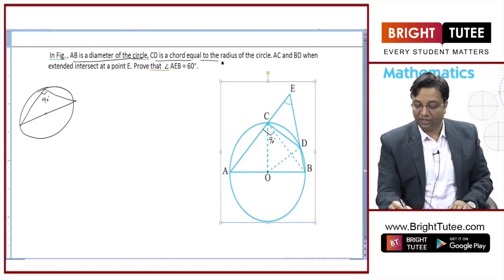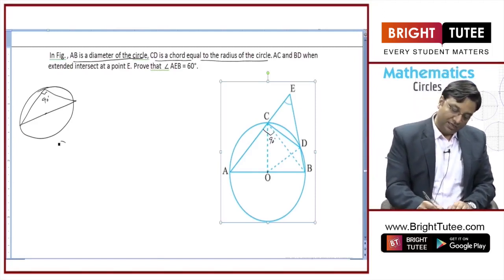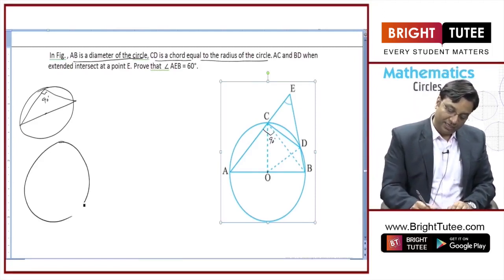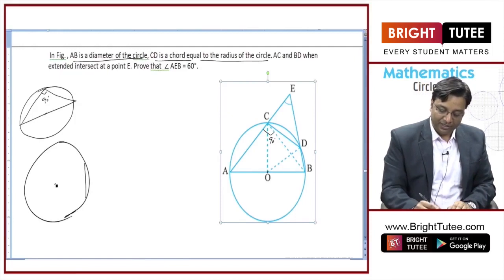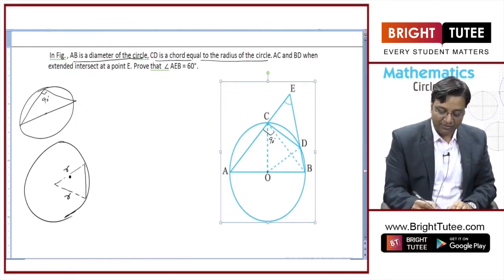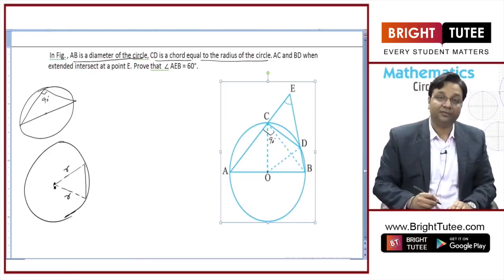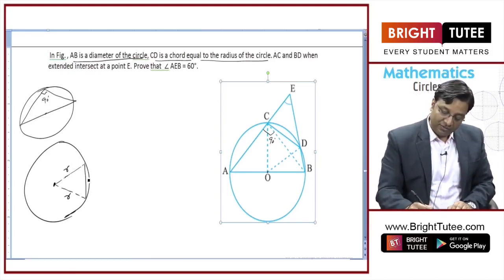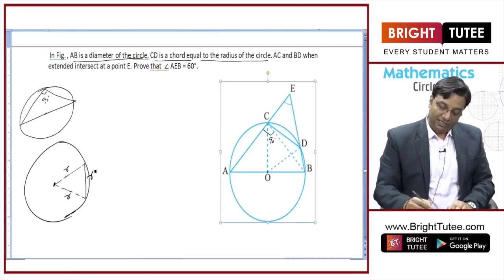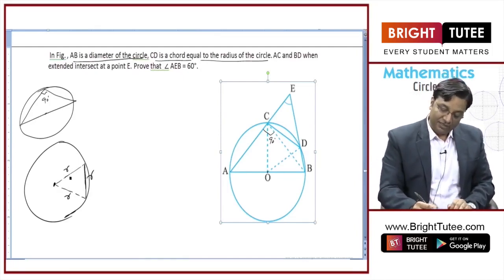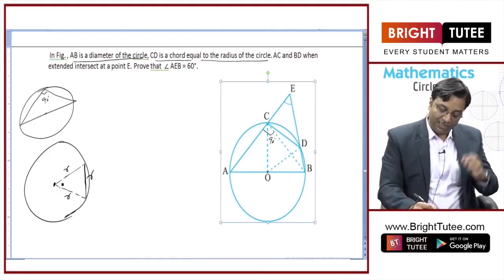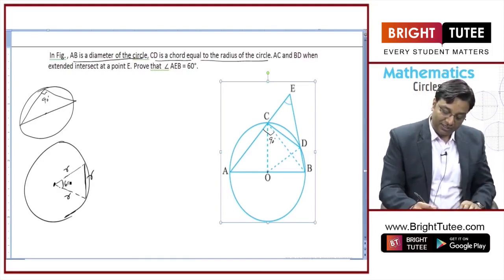CD is a chord equal to the radius of the circle. Now look at this concept. If you have a chord which is equal to the radius of the circle, let us say this is the chord and this is the radius r, so this will also be r, if this is the center. Whenever a chord equal to the radius is given, you can simply visualize that this angle here will be 60 degrees.